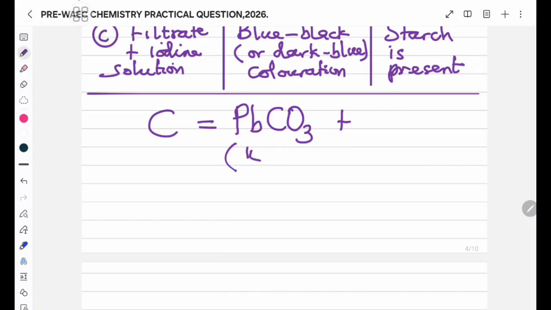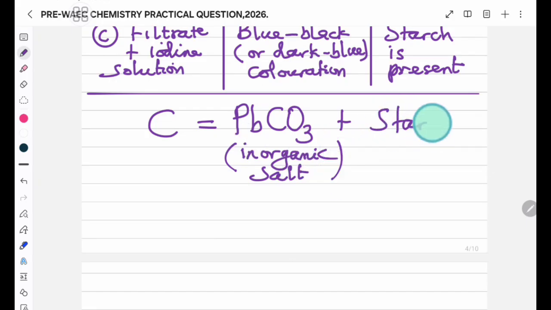Inorganic salt is white in color. And starch: starch is not a salt, but it's a substance. So be careful not to use salt to describe starch.